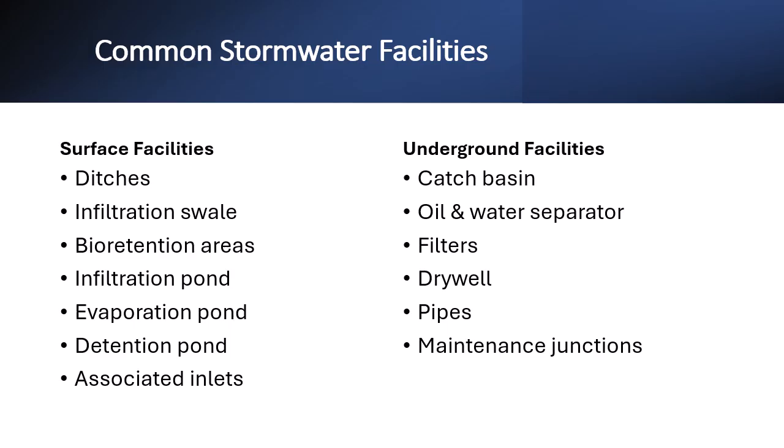Underground facilities include catch basins, oil and water separators, filters, and dry wells. In many cases, stormwater pipes will connect a series of catch basins or connect a catch basin to other stormwater features. There may also be maintenance junctions to access the underground facilities.